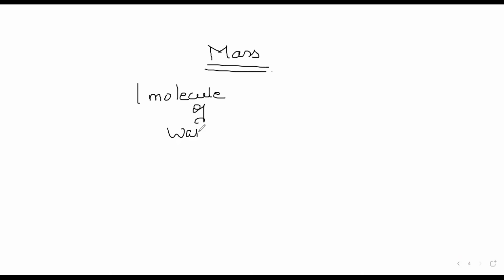Okay, so for that, first we need to understand about the mass. So again, taking water molecule as the example, you know that one molecule of water will obviously not be visible to the naked eye.